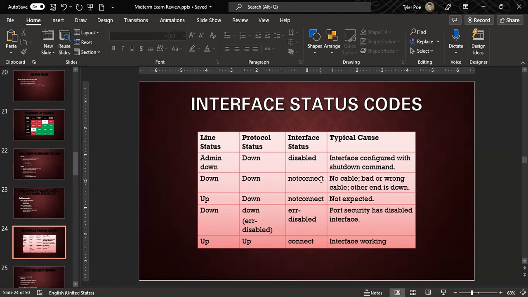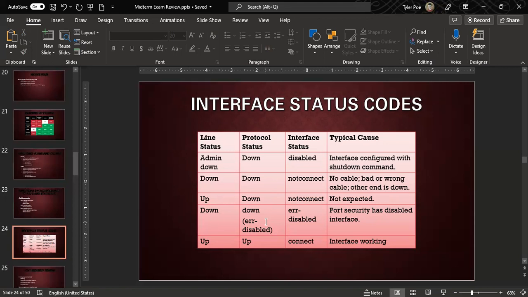The interface status code that equates to down/down is notconnect. Now up/down, you don't expect to see on a switch. That's something you would expect to see on a router. We don't discuss that in this course. That's discussed in CIT 447 for troubleshooting routers, but it's not something you're going to see on a switch.